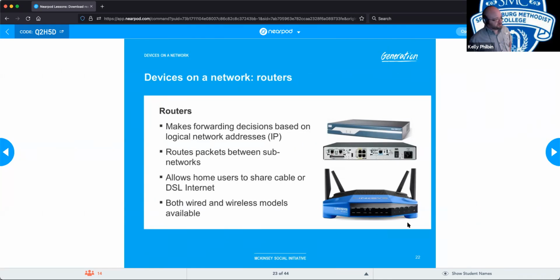Here is an example of one that you might see in a house, although I understand this is an aged picture. They do look rather different now, but in an enterprise setting, it will look something like this device up here, and it still looks pretty similar to that to this day. They have both wired and wireless models for routers.